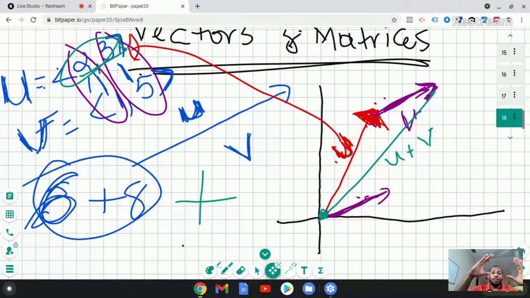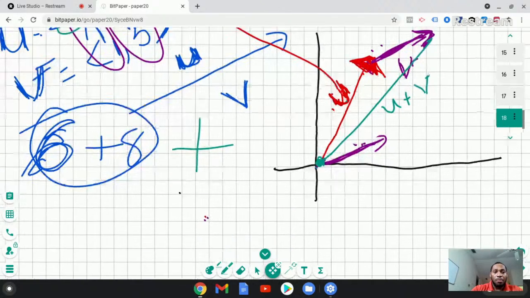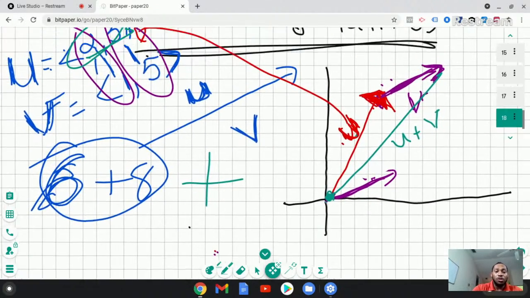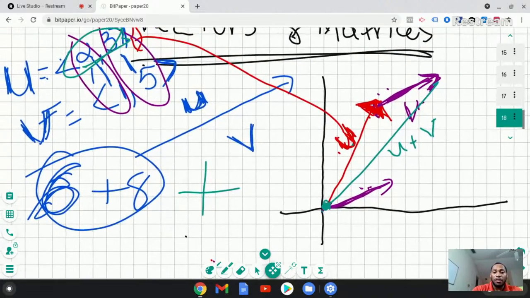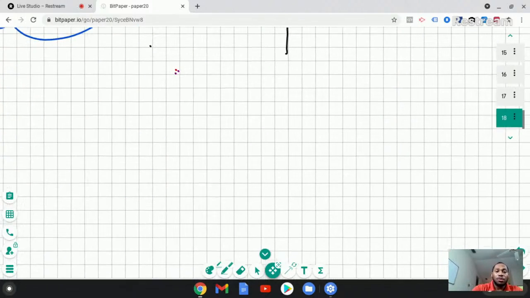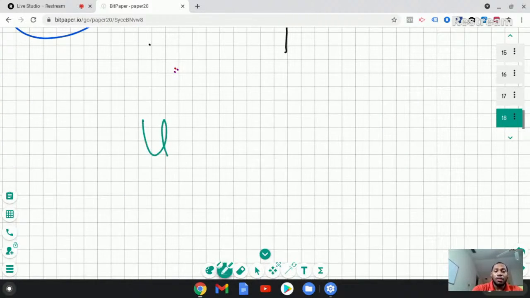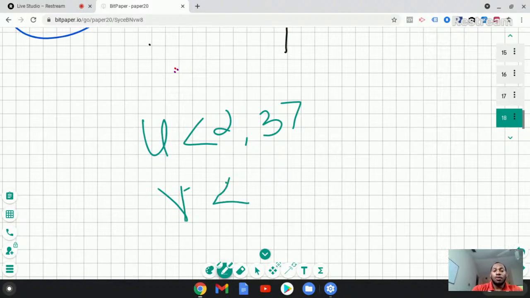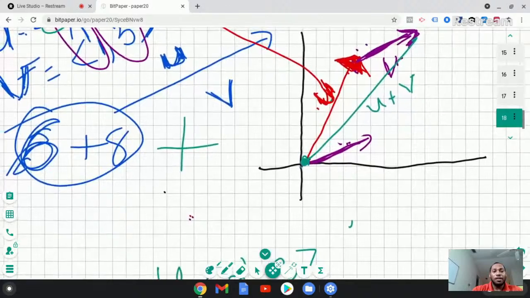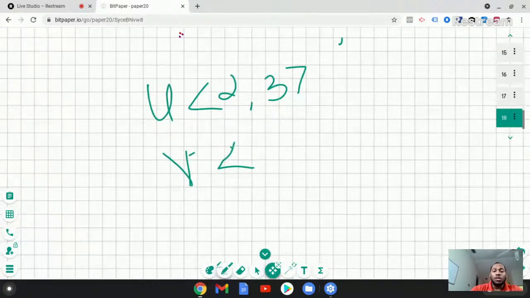You add the first component of the vector. U is 2, 3, and v was 1, 5.